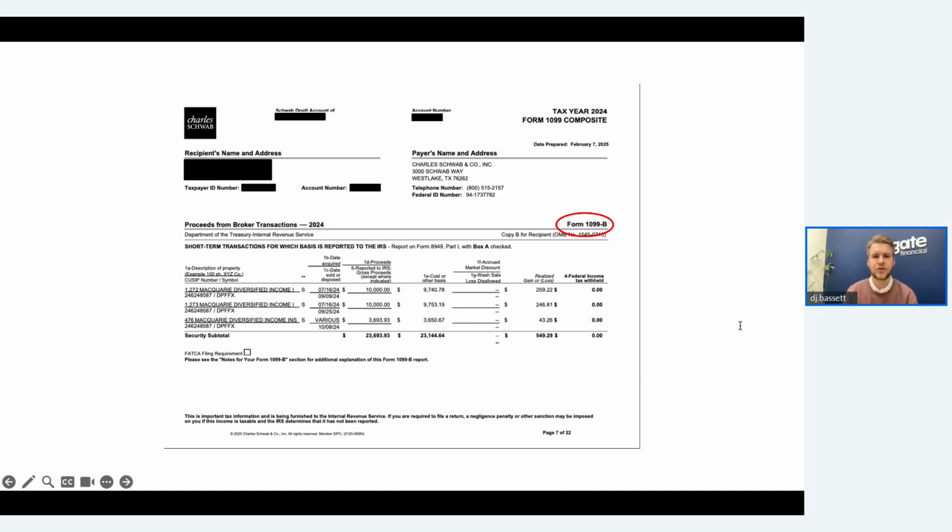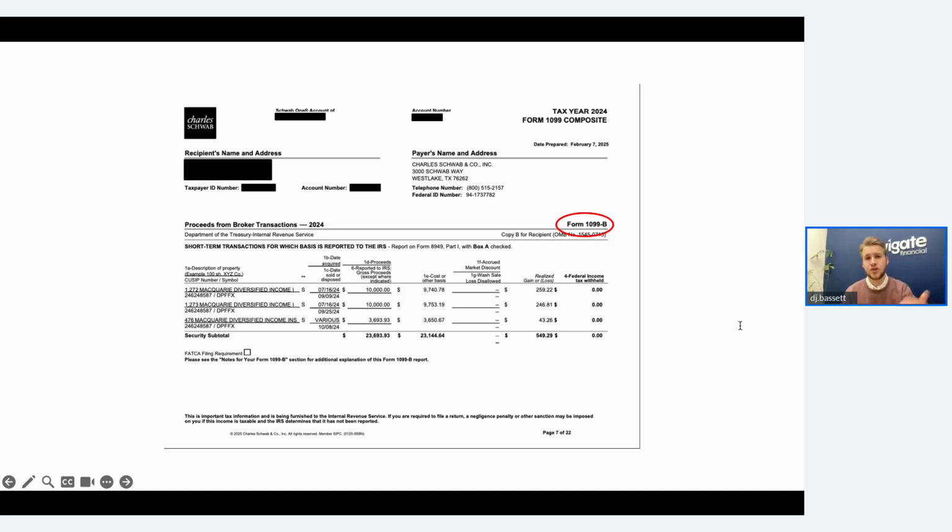So as we go through there, then on the right, no federal income taxes were withheld. It's pretty common on a taxable account that we're not going to withhold taxes there. We could on some of those, but for the most part, you're going to see zero there, at least for clients of ours. So as we go down, you'll see those are the different short-term gains for different sales throughout the year.